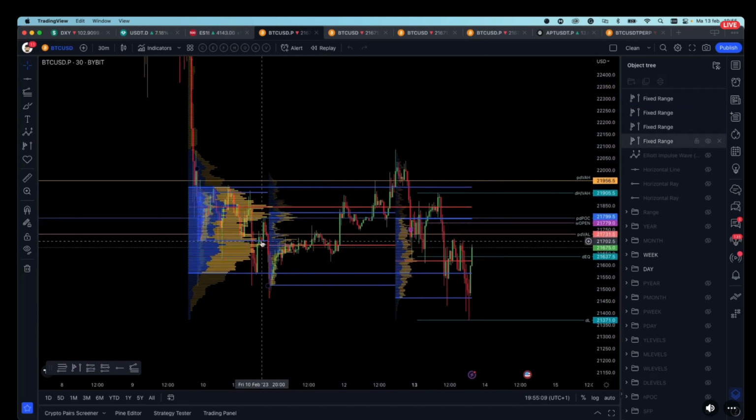Most volume has been traded over here. This is a high volume node.